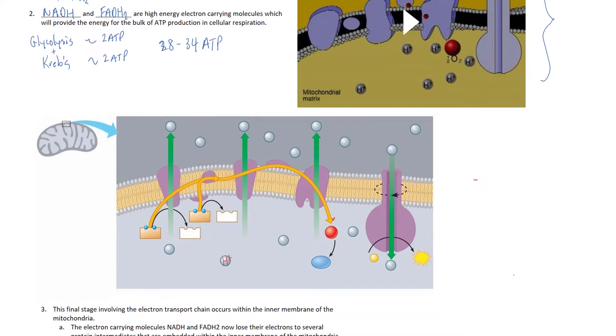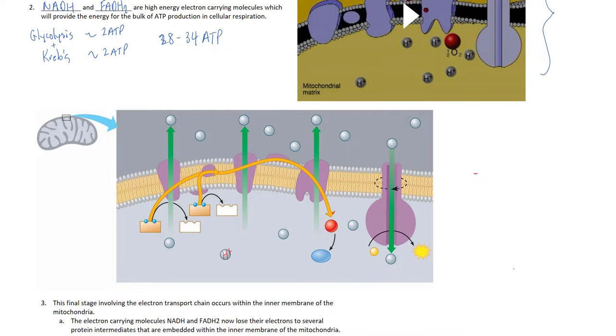If we look at the diagram down below, we'll go through and see what's happening from a visual, and then we'll summarize it in the notes down below. If you remember, this is the picture we've been using to represent the molecule NADH. We'll use the same thing for FADH2.